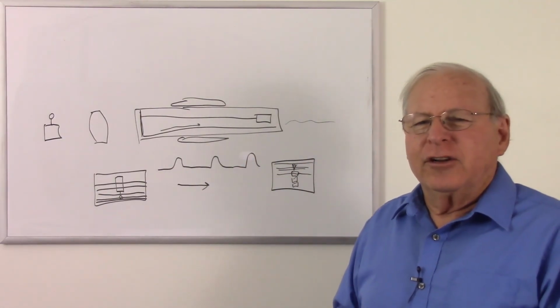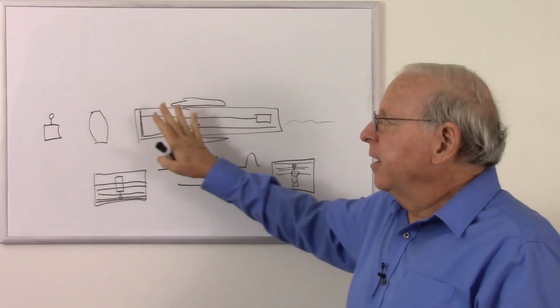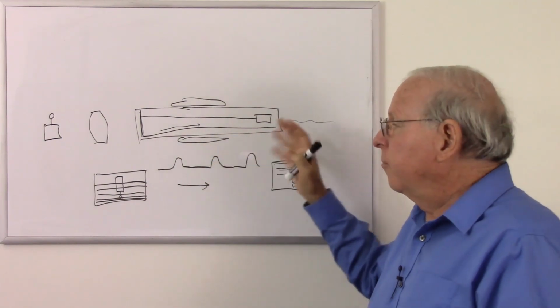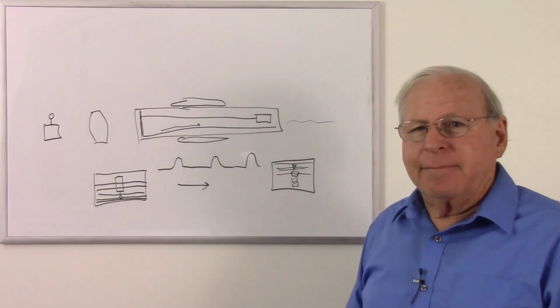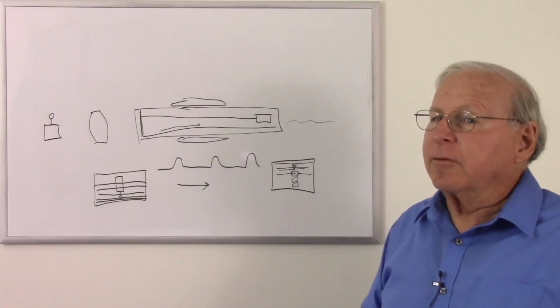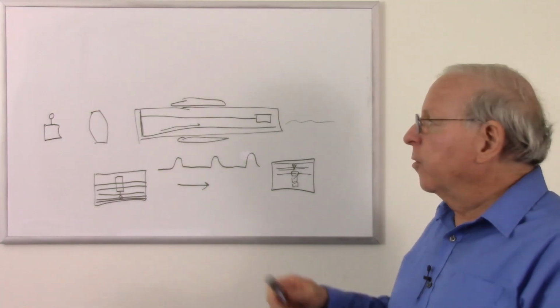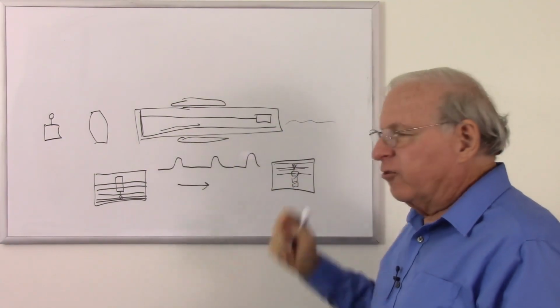Zworykin instead took his ideas to RCA, and they developed television further. And like I said, Zworykin was credited with inventing the iconoscope. But in the end, after many, many patent battles and court battles, even some of those after Farnsworth died, the courts determined that Farnsworth was the actual inventor of the idea of electronic television.